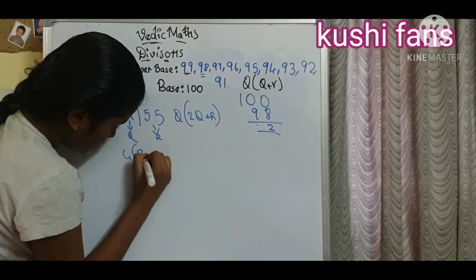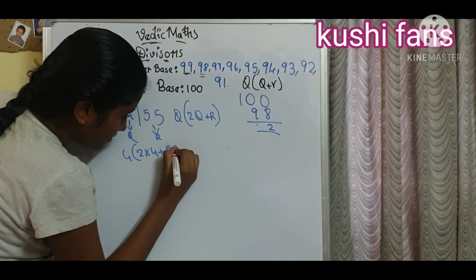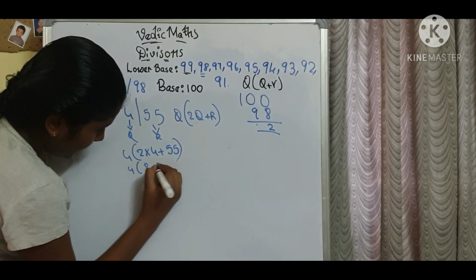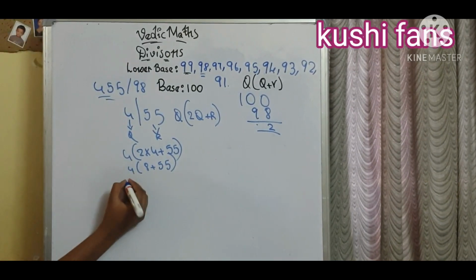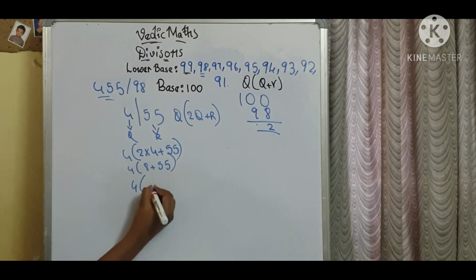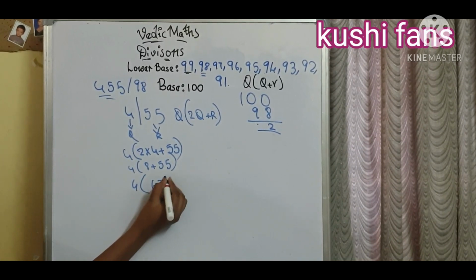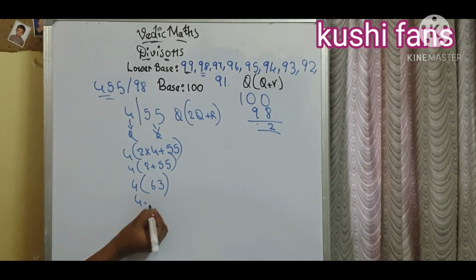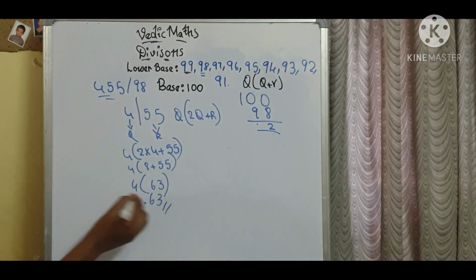Now 2 into 4 plus 55. 2 into 4 will become 8 plus 55, that is 63. Now our brackets will go, and 4.63 will become my answer.